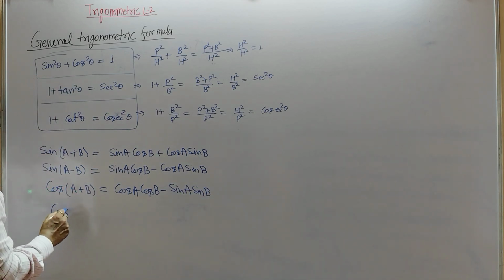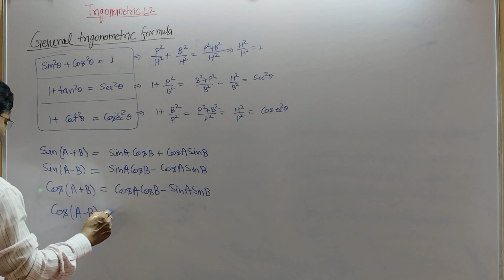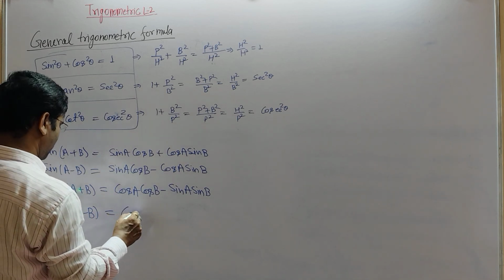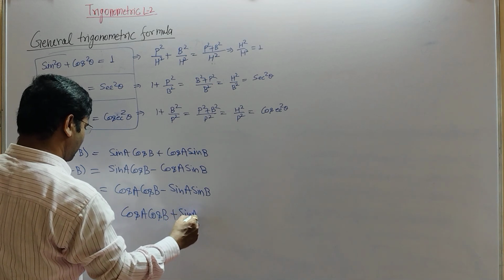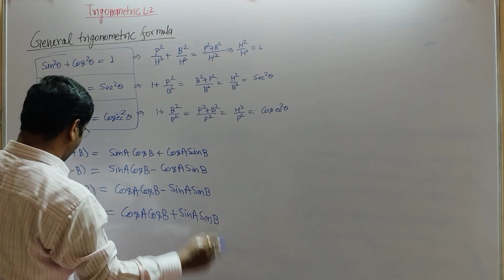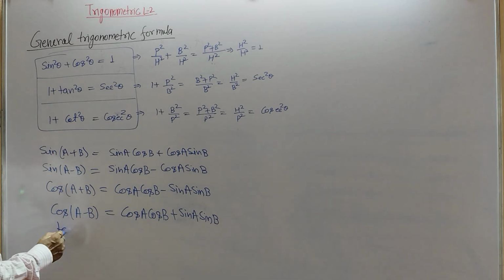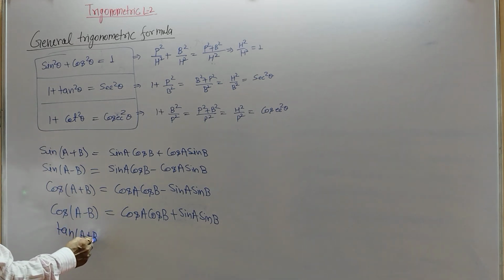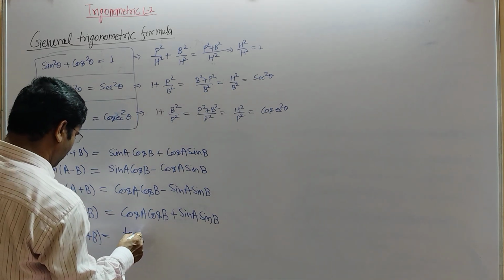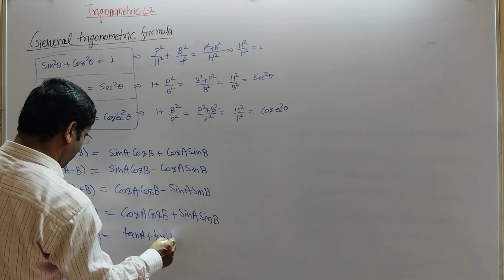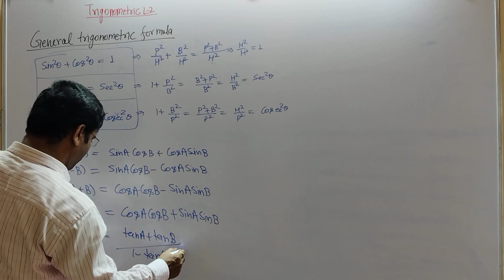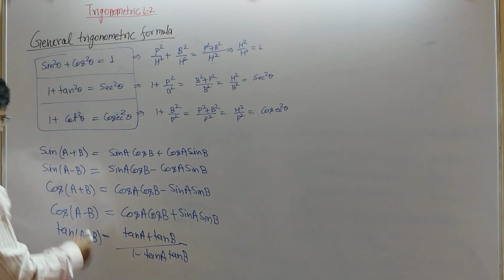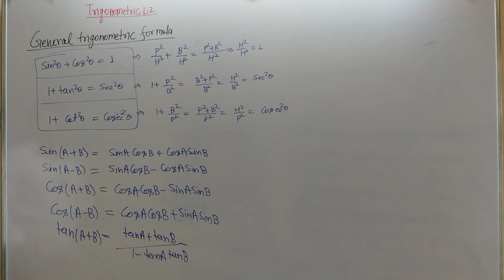If there is cos a minus b, this will be cos a cos b plus sine a sine b. If there is tan a plus b, we can write tan a plus tan b upon 1 minus tan a tan b. So this is sine a plus b, cos a plus b, and tan a plus b.